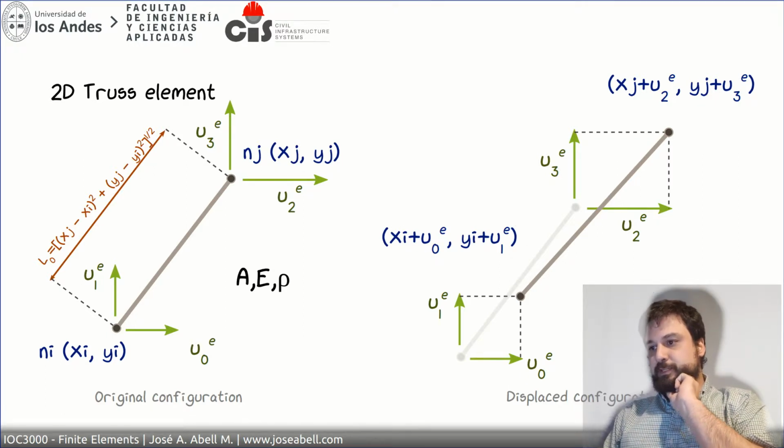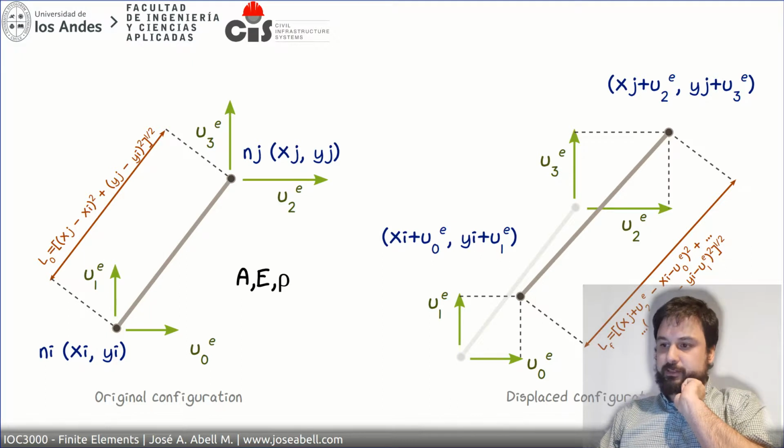So from this we can find out what the final length is, the deformed length of the truss element. And it's using the same equation, so wherever we have x, we just add the corresponding degree of freedom. So here we have xj plus U2.